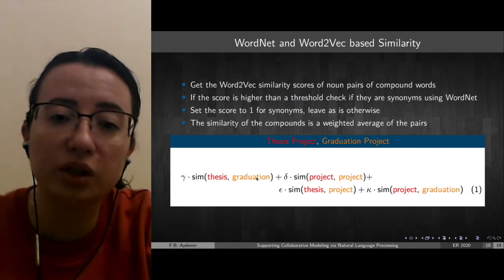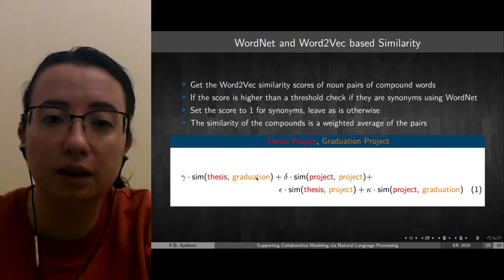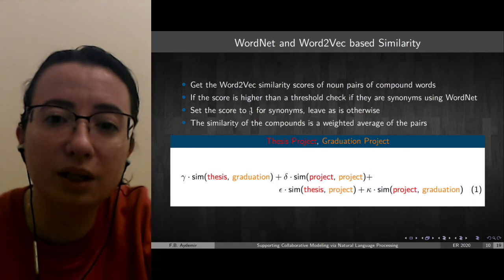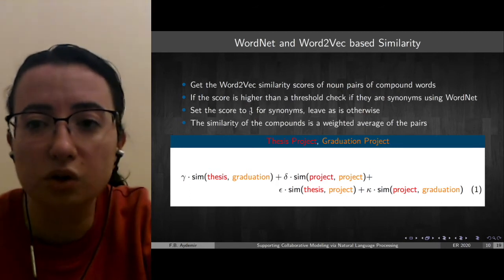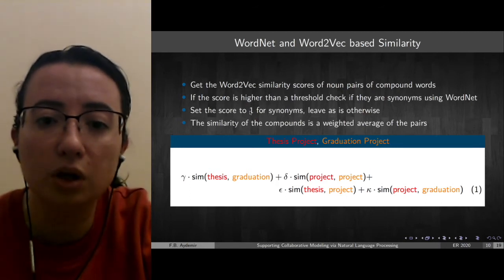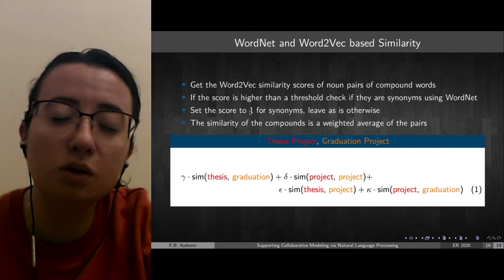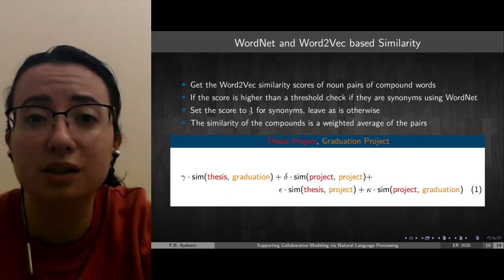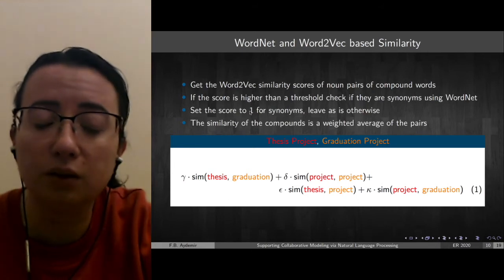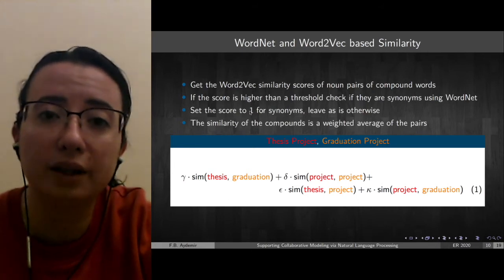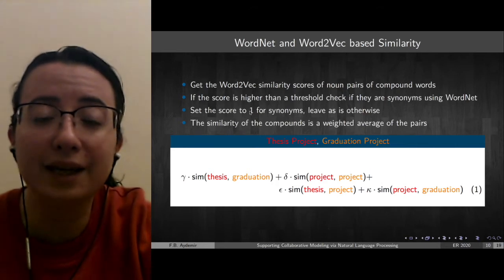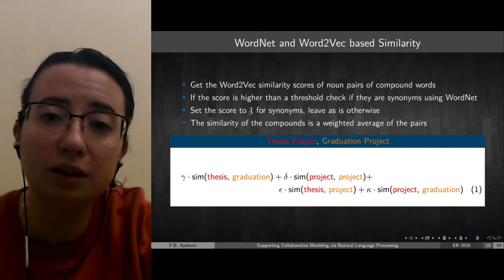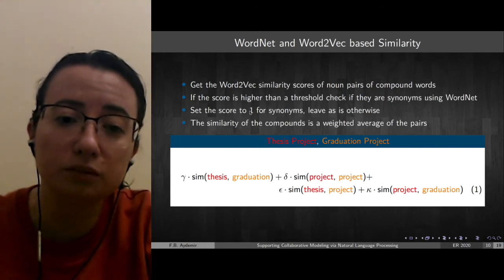And for each compound, we get the Word2Vec similarity score for the individual words of the compound words. And if this score is higher than a certain threshold, we actually go and check whether they are synonyms. In order to check whether they are synonyms, we consult WordNet and check whether they exist in each other's possible synsets, depending on the meaning of the noun.